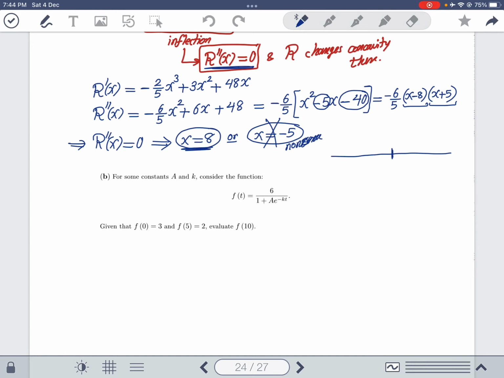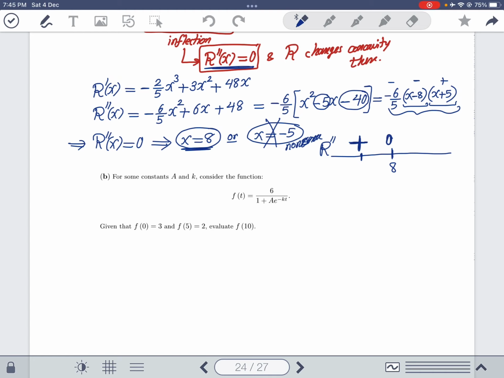So you'll put 8 here. You know that R double prime is 0 at 8. Now pick any number less than 8. Easier to pick something smaller than 8, and you have the freedom. Pick the easiest one, 0. So if you put 0 in this formula for the second derivative, you'll get negative and positive here, but there is a negative 6 over 5 out, so positive.